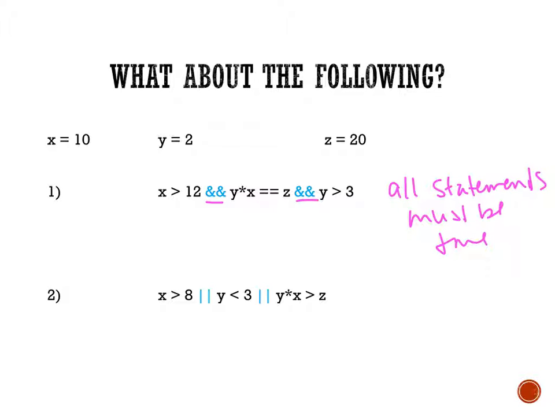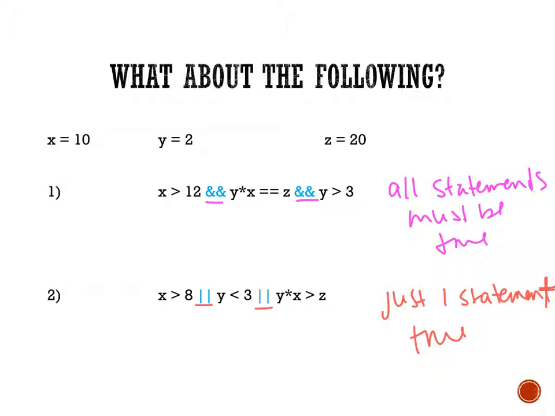And then the same thing for number 2, because we have ors, and we're using all ors, just one statement of all of those simple Boolean expressions must be true to run that code. So if there's multiple ands and multiple ors, the code runs just as it would with just one and or one or in the statement.